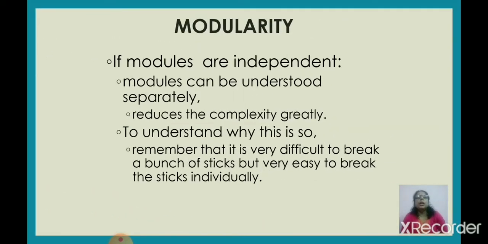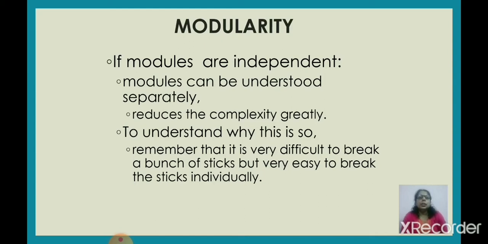If modules are independent, they can be understood separately. If each module is not dependent on another module, it can be easily understood, and complexity is reduced greatly. Independent modules are easy to understand, but for a dependent module we have to understand two modules, the one it depends on as well.